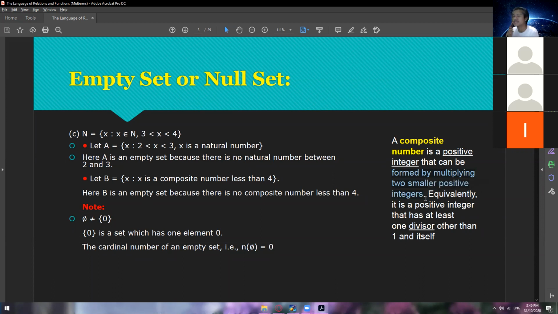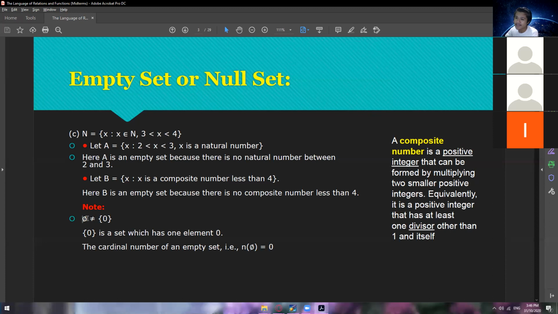Well, anyway, hindi naman sinabing hindi pwedeng maulit. Okay? So, dalawang 2, okay? Dalawang 2 is a 2 smaller positive integers other than 4. So, that's why maybe 4 is a composite number. But then again, so 3 to 1 na i-consider natin kasi less than 4. So, B is an empty set.